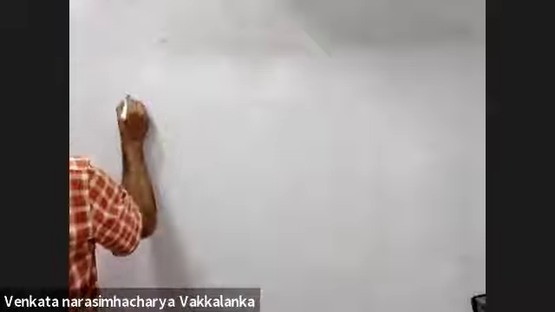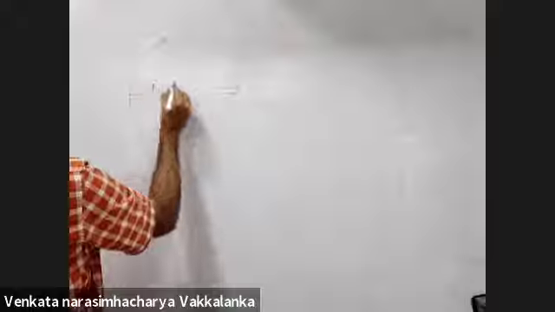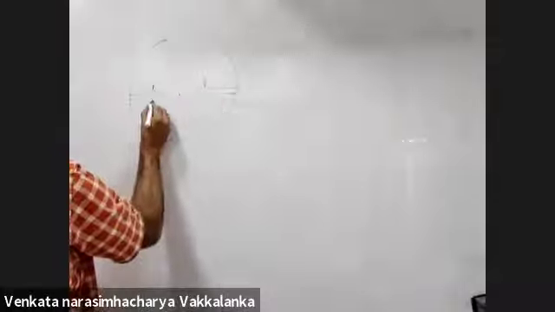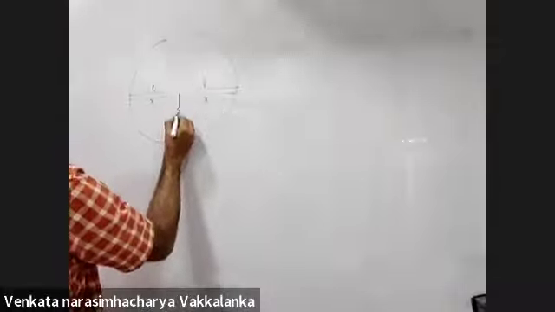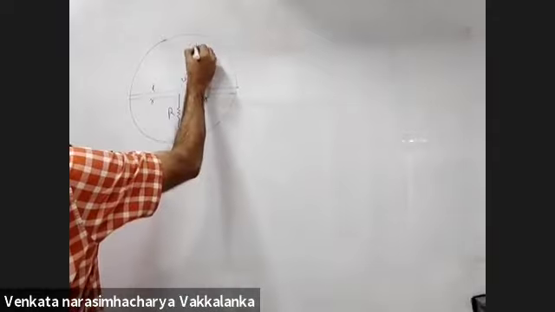This is a ring, this is a thin rod of length L and resistance small r. This is rotating with an angular velocity omega.